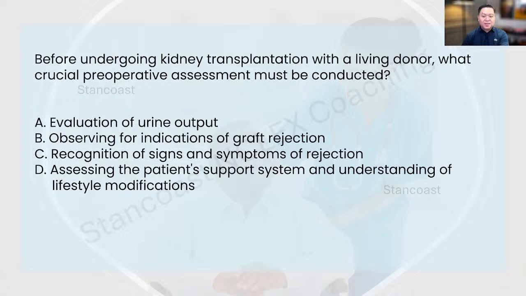Is it A, evaluation of urine output, B, observing for indications of graft rejection, C, recognition of signs and symptoms of rejection, or D, assessing the patient's support system and understanding of lifestyle modifications? Which of these options is the correct answer? Okay, I hope that you have picked the correct answer.